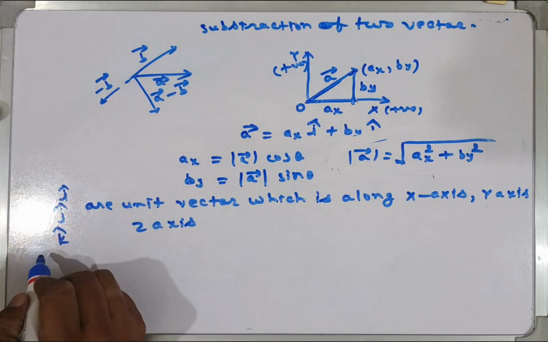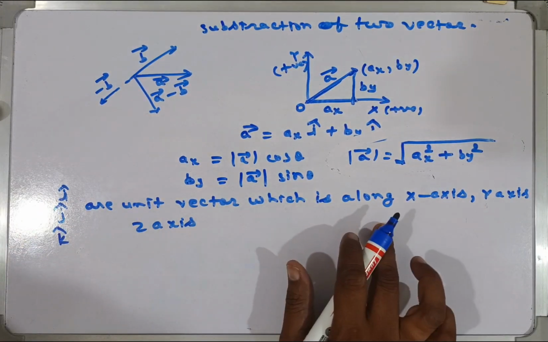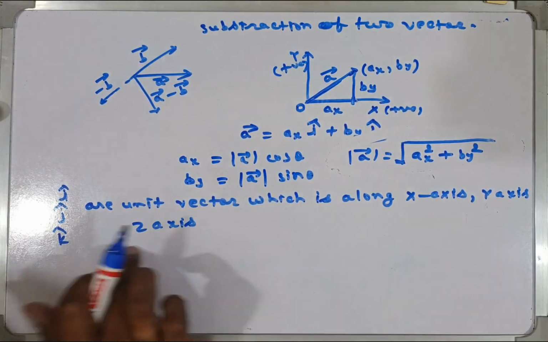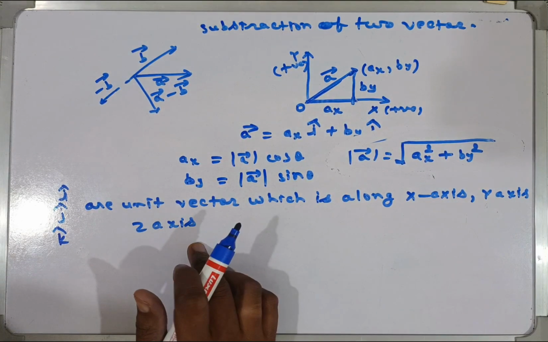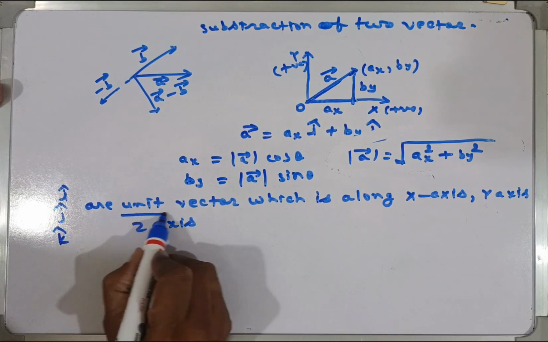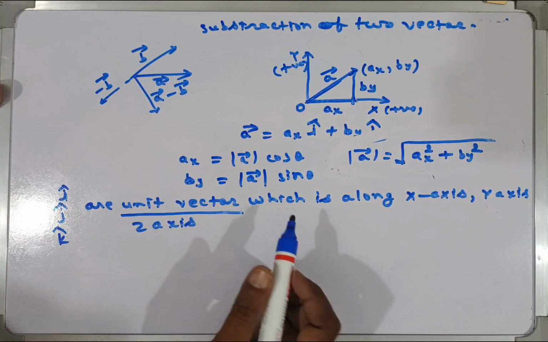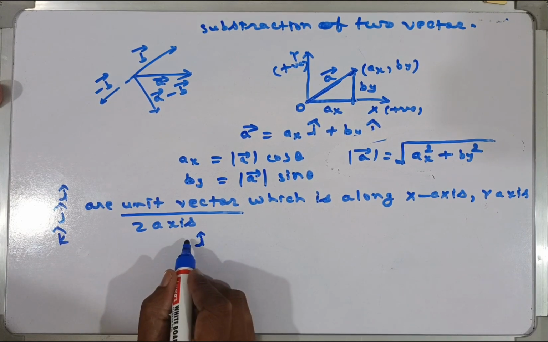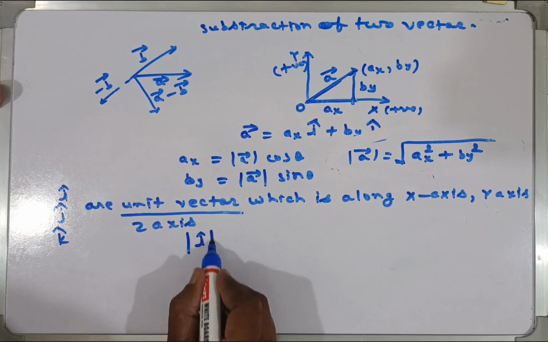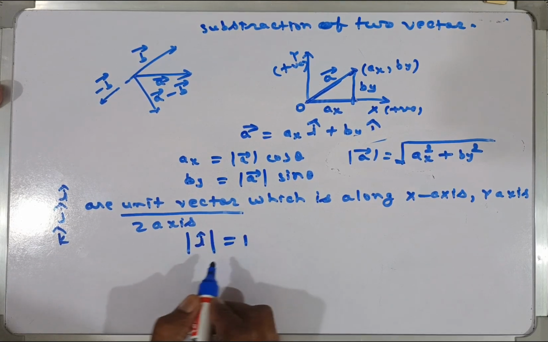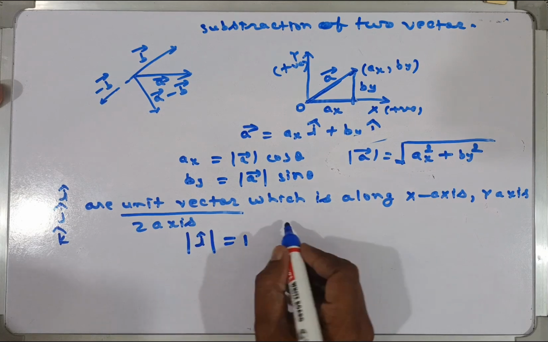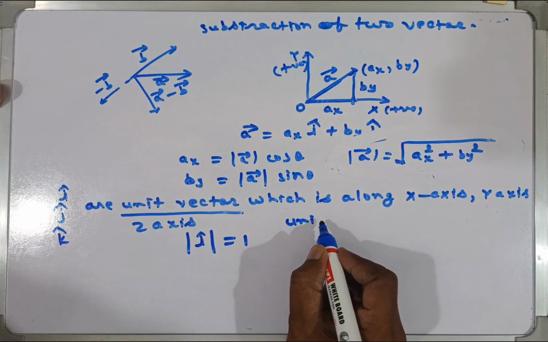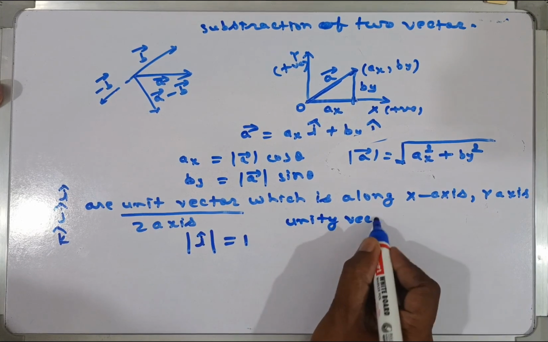Okay, when the sign is positive, this one is along the positive x-axis, positive y-axis and positive z-axis. Okay guys, I have used here the word unit vector. So if we take a vector whose magnitude is 1, then it is known as a unit vector.